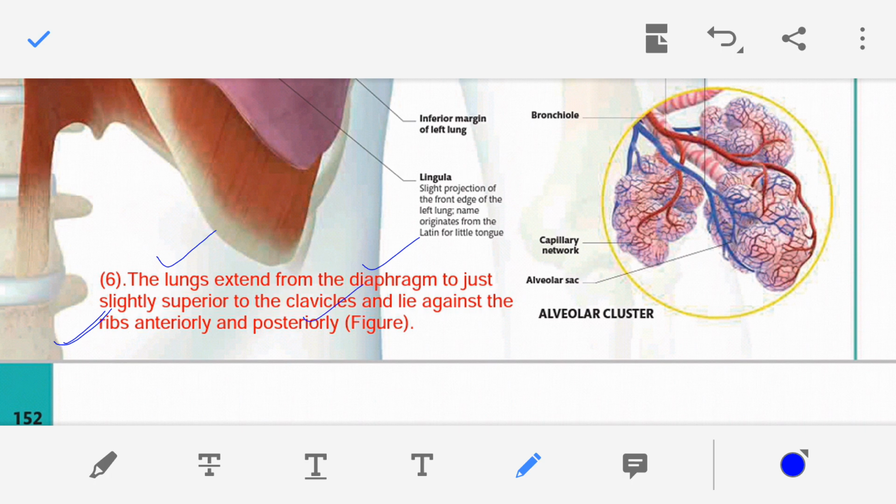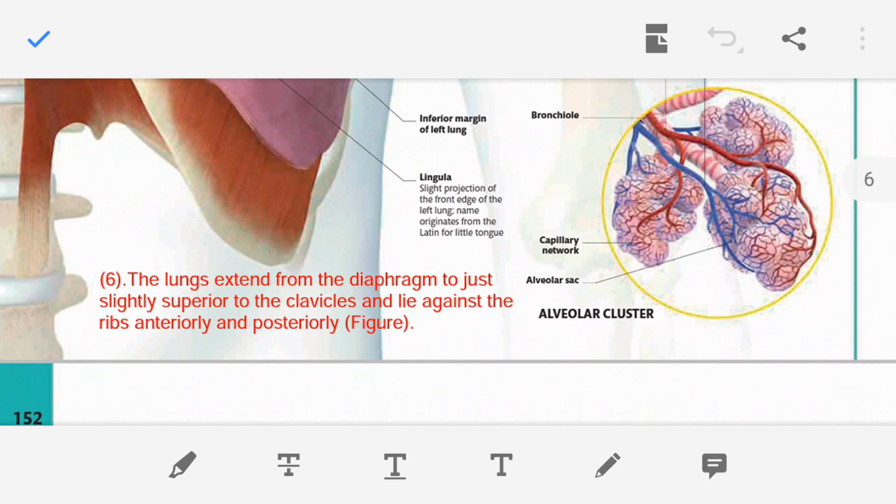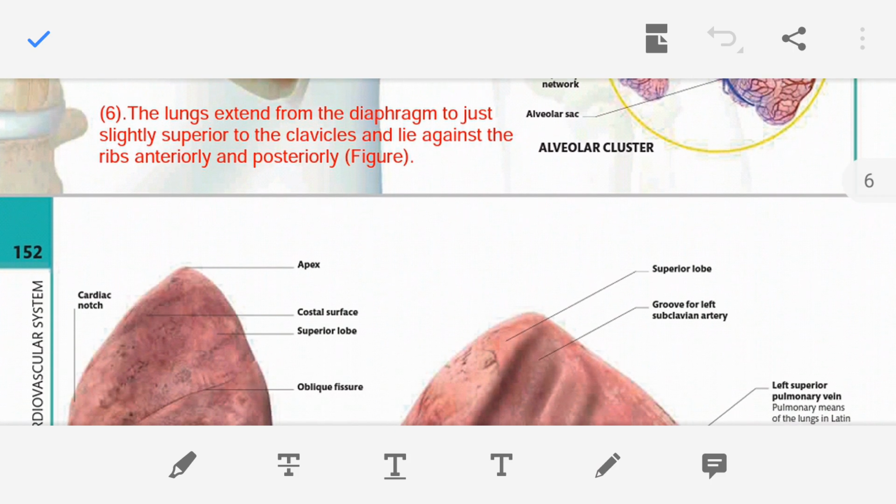So we can say these lungs are present between the clavicle and diaphragm, and they lie against the ribs. So the lungs are facing the ribs anteriorly and posteriorly. This thing we are going to observe in the figure.